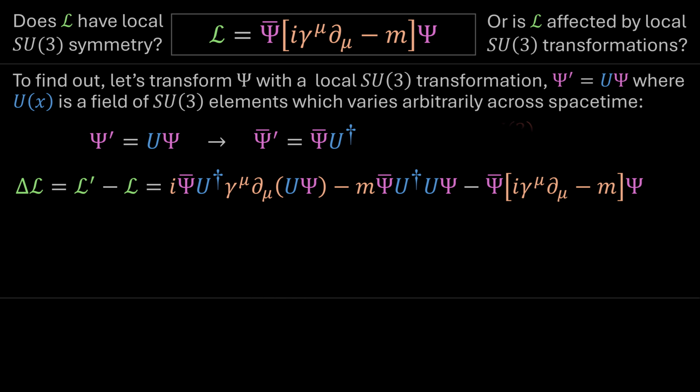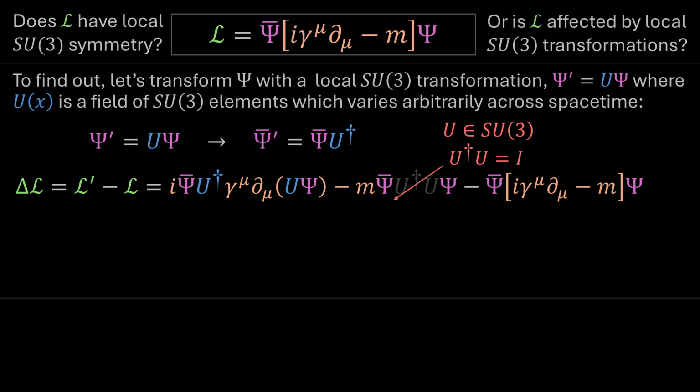Now, if we look at the expression shown here, we notice that on the mass term, there's this product of U dagger and U. But we know that U is an SU3 matrix, and so U dagger U equals I, right? I mean, that's one of the defining properties of an SU3 matrix. And so that term just vanishes away because we're just multiplying by 1.